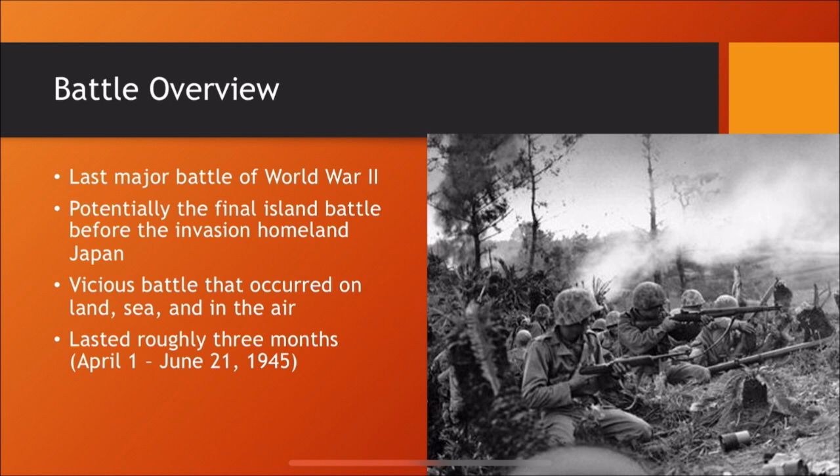This was a fierce battle that covered all of the elements. It took place on land, sea, and even included aerial attacks. This grueling battle waged on for nearly 3 months, from April 1st, 1945 to June 21st, 1945, when it finally ended.